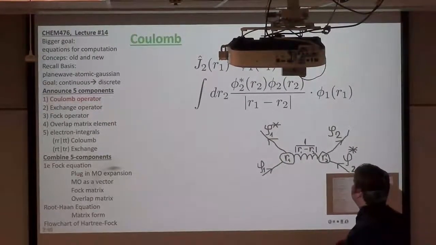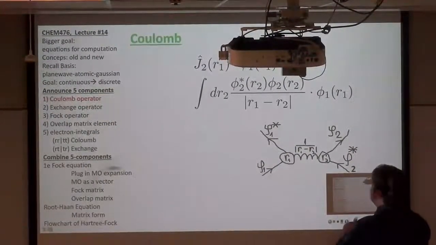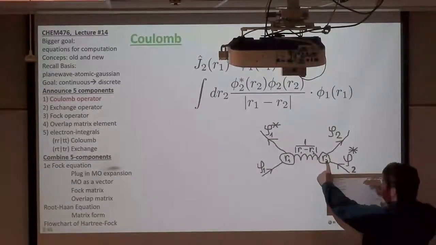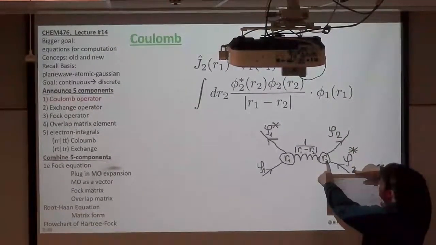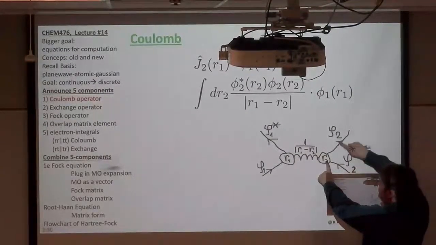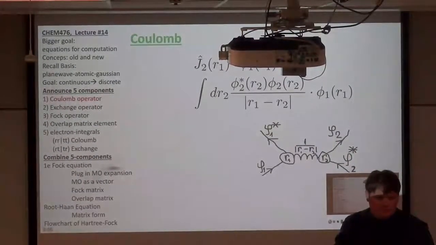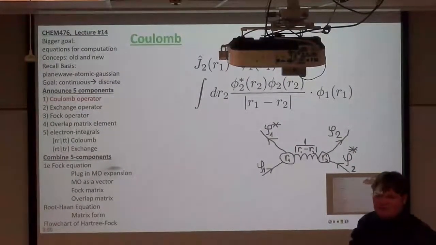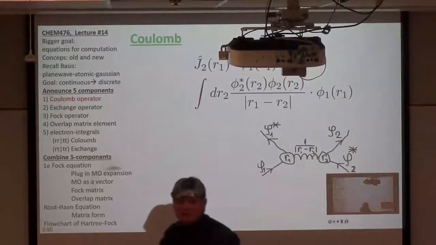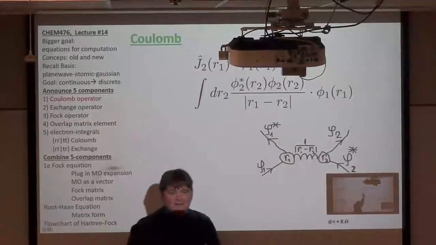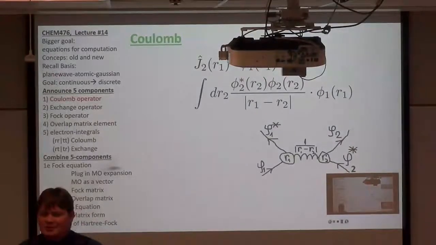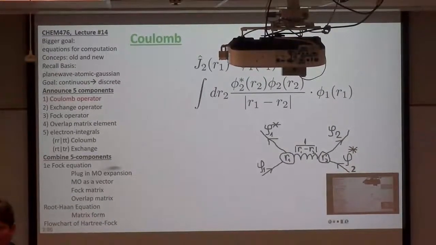But here we integrate everything that relates to position R2 and to quantum state 2, the second electron in state 2. So guess how the diagram will change if we perform this integration. Try to be creative and use your imagination.